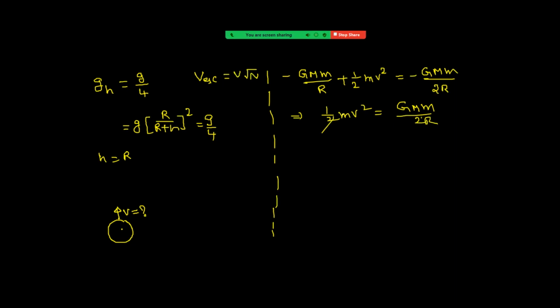The 2 cancels and the mass cancels. So the v value is root of Gm by r.